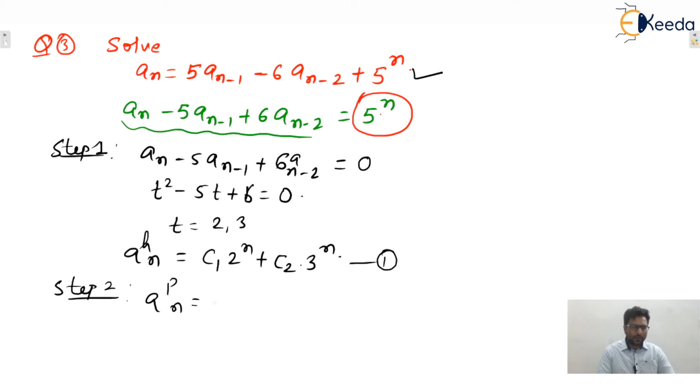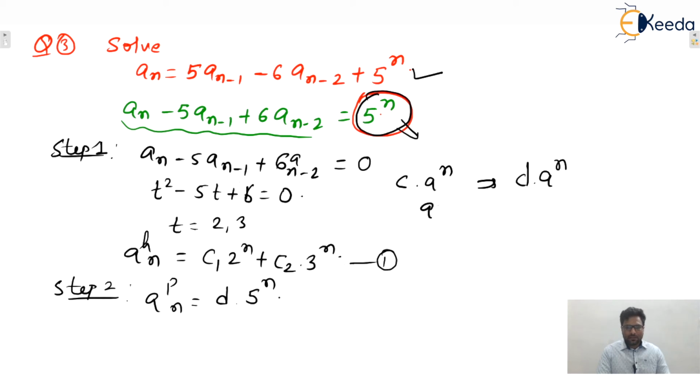So guys, you tell me, on the right hand side there is a power function, and I already told you, whenever there is a power function, what will be the trial particular solution? That will be d into 5 raised to power n, isn't it? One constant will be there. Whether it is c into a raised to power n, or only a raised to power n, it will be d into a raised to power n.